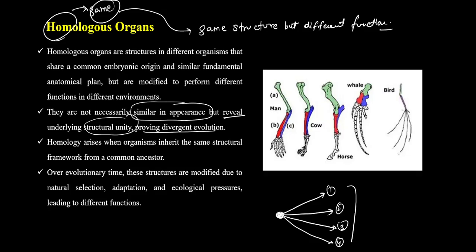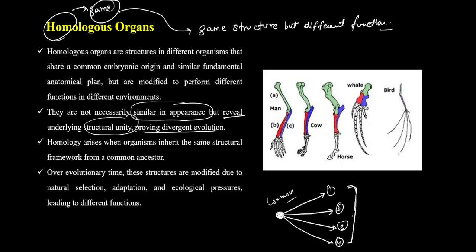All of these have homologous organs and all these species are derived from a common ancestor. As these are homologous organs, the organs are structurally similar but functionally different. So the structure is the same, which means they evolved from a common ancestor.